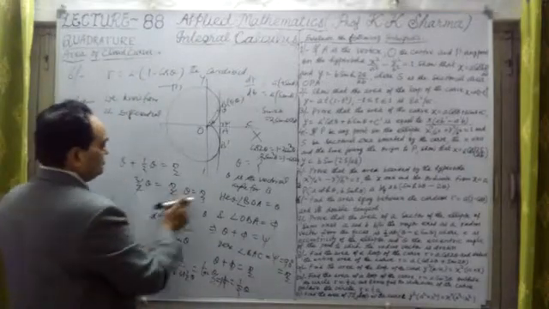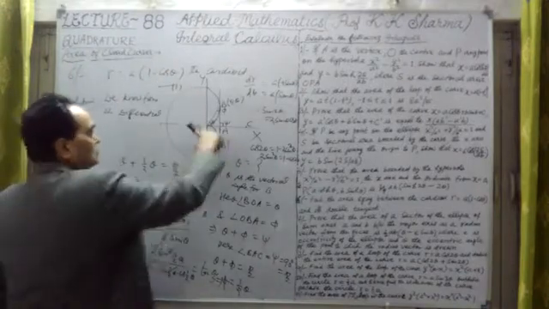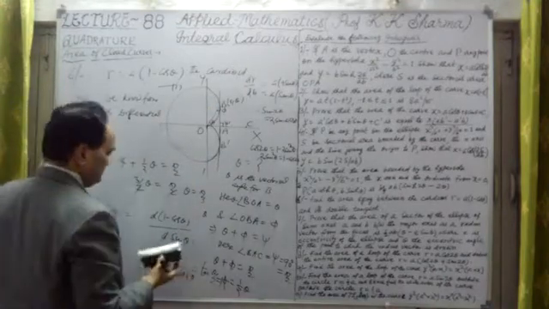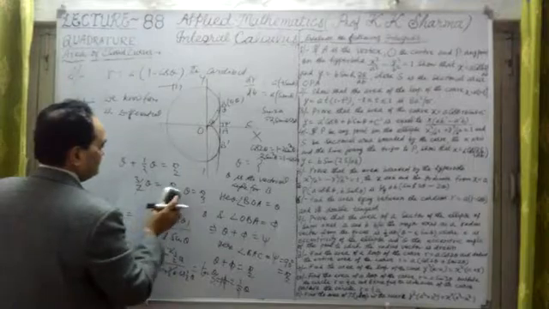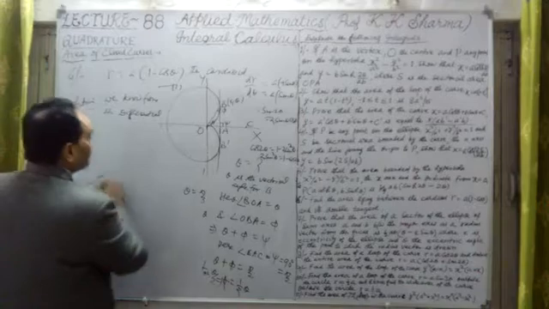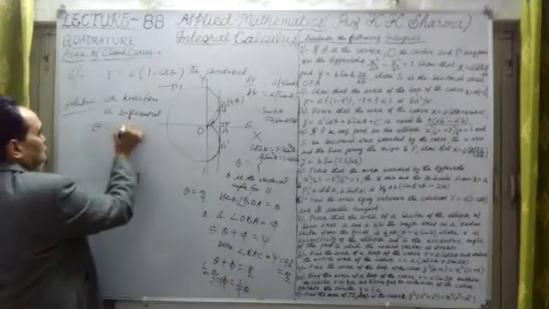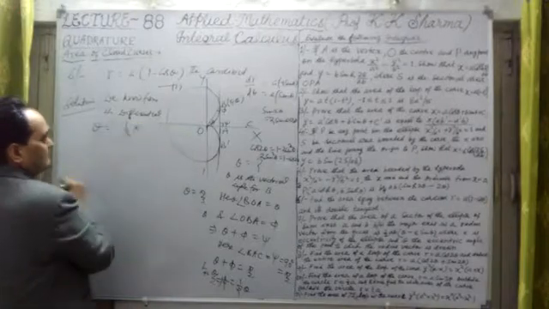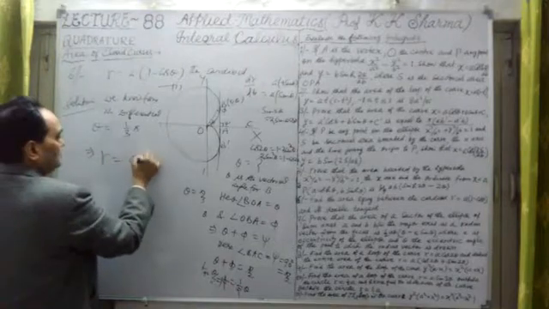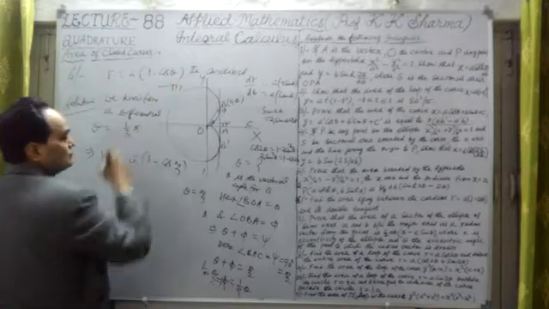If I put pi by 3 in the first equation, what is r here? We have to find out what OB is. Theta is equal to pi by 3, substituting in this implies that r is equal to a into 1 minus cos pi by 3, from the first equation.